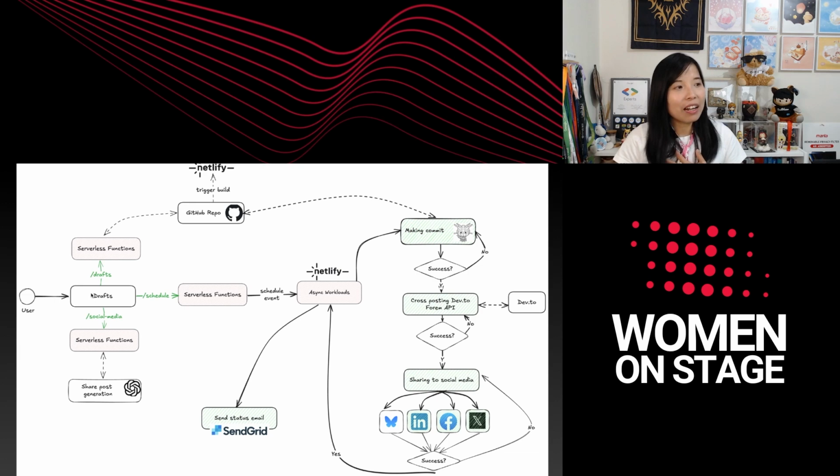So I chose a draft. I called another API, called social media, to talk to GPT and get me the AI-generated social media post. It returns it, and I schedule when I want to publish the draft.